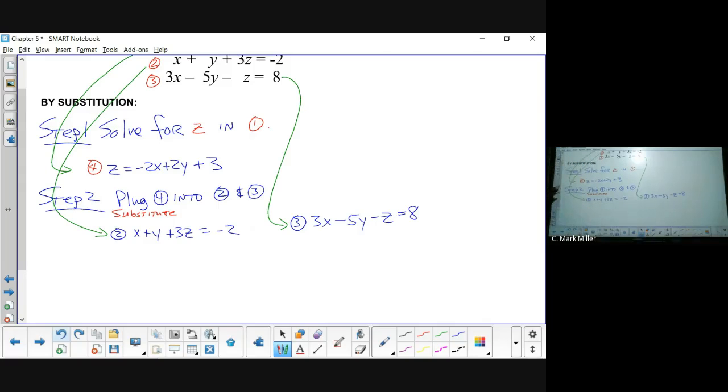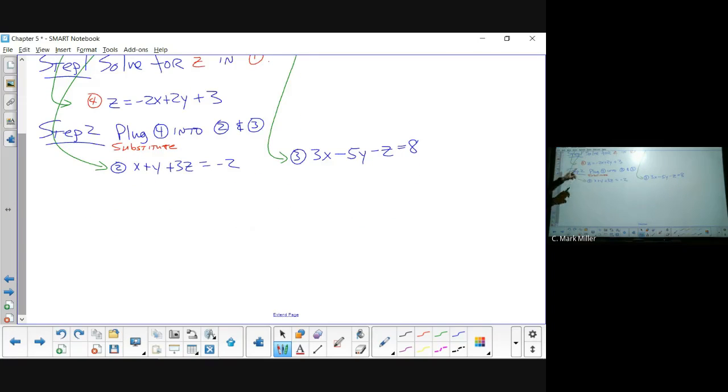Okay. Now what I'm going to do is I have now a formula for z. I'm going to plug z into these two. So I'm going to have x plus y plus 3 times what z equals. And that's going to equal minus 2. All right? And so now this goes here. Instead of writing 3z, I'm going to do 3 times what z equals. So that's going to be minus 2x. Remember what I said about leading negatives? Plus 2y plus 3.